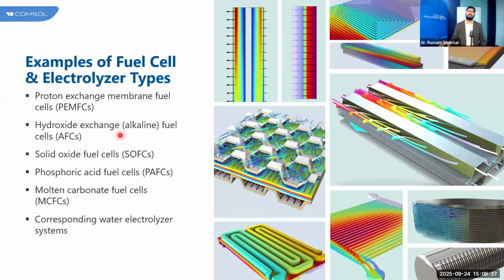When the ions conducting are hydroxide, or OH negative ions, then we say hydroxide exchange or alkaline fuel cells. When the ions are in oxide form, then we have solid oxide fuel cells, and we have molten carbonate fuel cells also. In some cases, you will see phosphoric acid and other corresponding water electrolyzer or fuel cell systems.